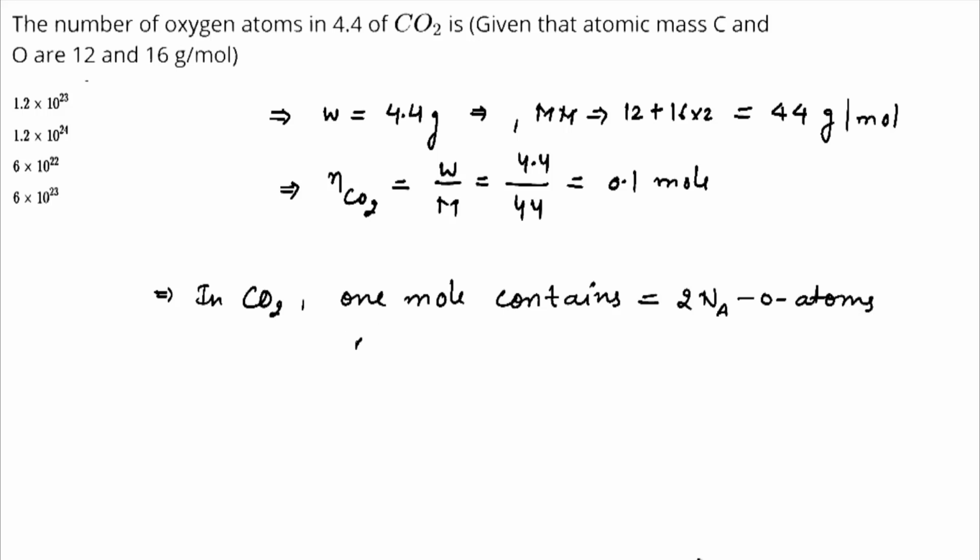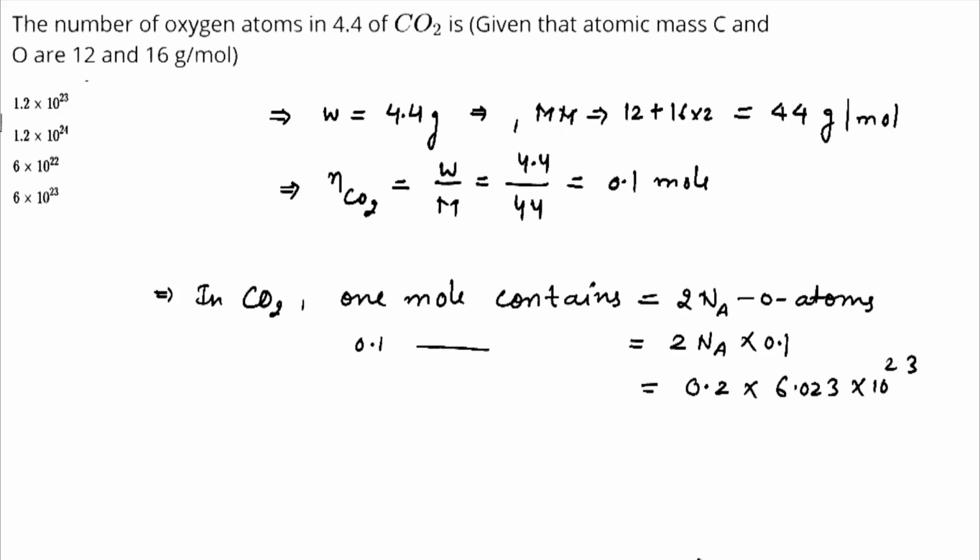Now 0.1 mole will contain 2 Na multiplied by 0.1, that is 0.2 into Na, where Na is 6.023 into 10 raised to power 23.